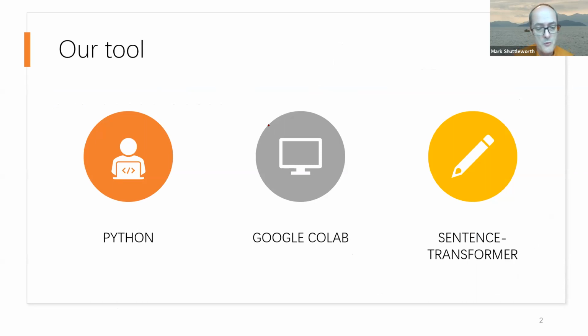As I'm sure many of you are aware, this is one of the most popular programming languages, and it's been gaining a lot in popularity over the last few years. And we've been using the Google Colab platform, which allows you to write and execute Python programs in your browser. The advantage of this is that it does not require any configuration.